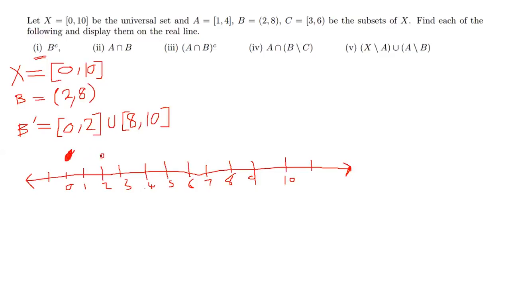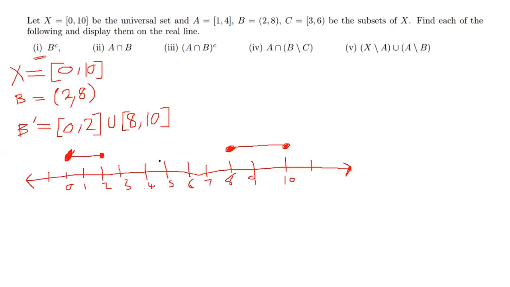Up to 2. 2 is also closed, like that. And from there, I'm going to also start from where? From 8 up to 10. From 8 to 10 will also be like that.